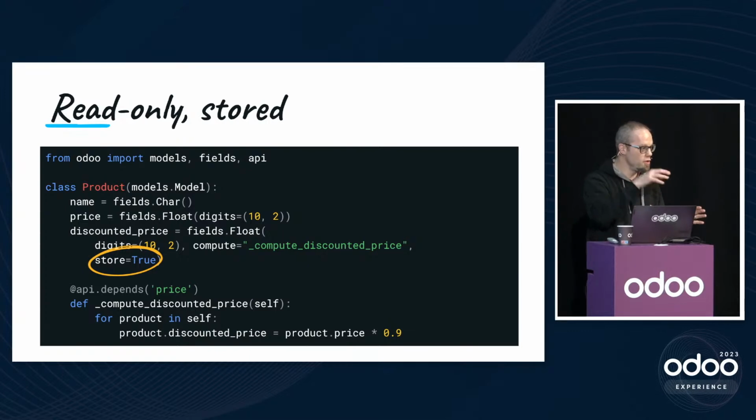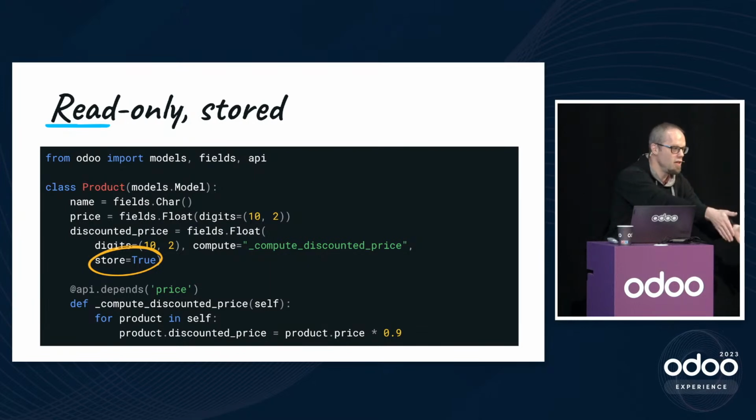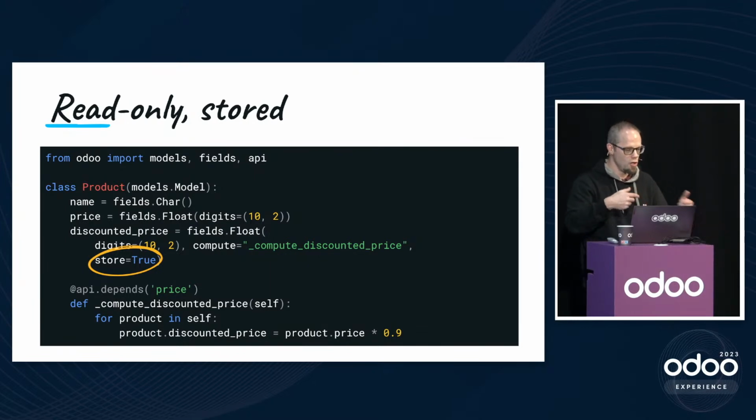When it's computed, its value is put in the database, and so when you simply read the value of that field, you're going to fetch the value that's in the database. You will only recompute it when the dependencies, so what the formula depends on, has been modified. In that case, the database is modified accordingly.